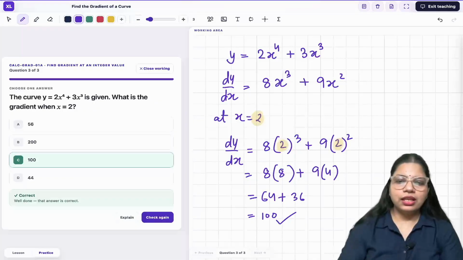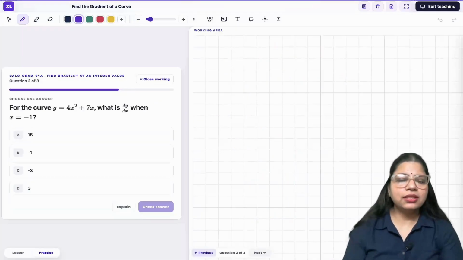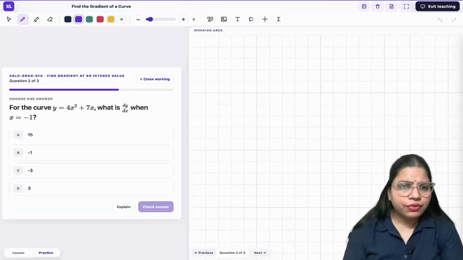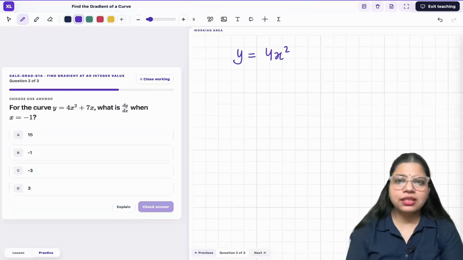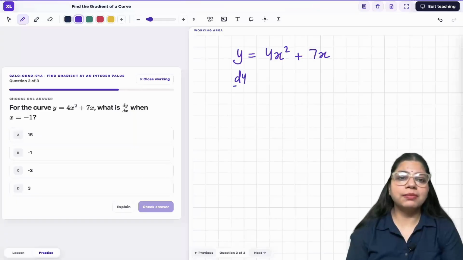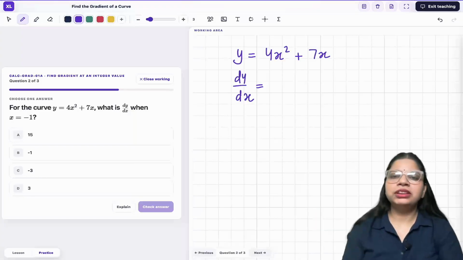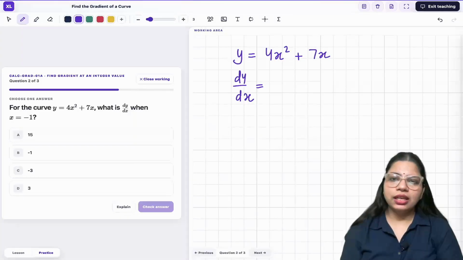Okay, now let's move to the next question. We have y equals 4x squared plus 7x. What's dy by dx when x is minus 1? How to do that? Simple. Differentiate. It's going to be 8x plus 7.